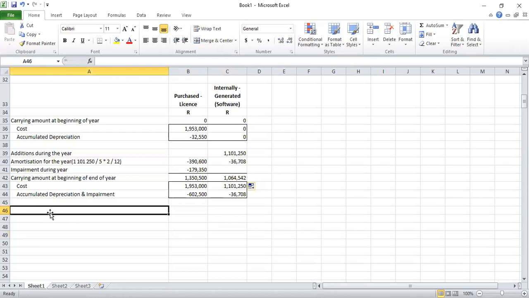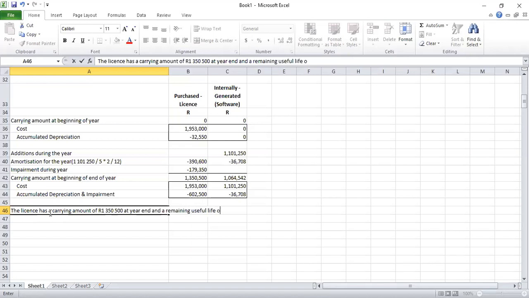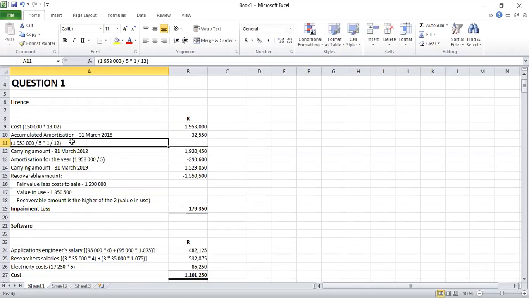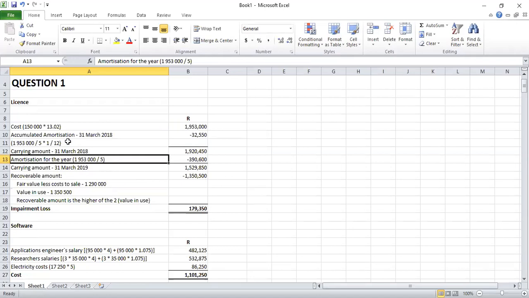Then you are supposed to state that the license has a carrying amount of 1,350,500 at year end, and a remaining useful life of, right, remember that our license, we had amortized it for 1 month in 2018 and a full year, so 1 year 1 month out of the 5 years.